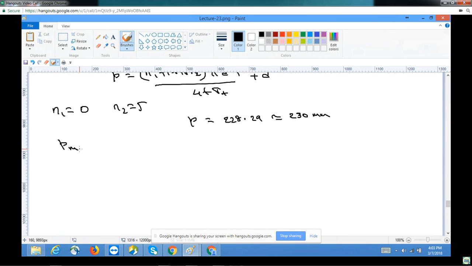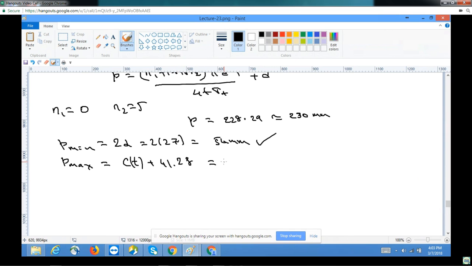but we need to stick with the minimum and maximum pitch. So P minimum is equal to 2 times d, that is 2 times 27, that is 54 mm. This was fine. And P max has to be C times t plus 41.28; in this case our C is 6, so 6 times 20 plus 41.28.